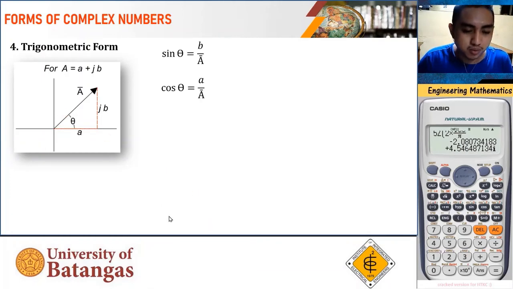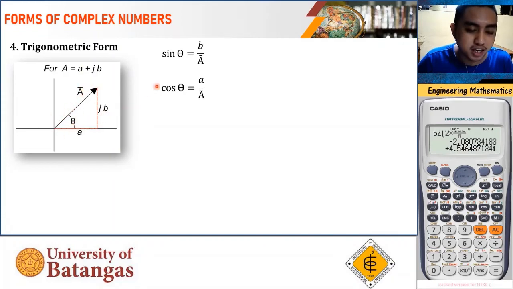So, nilagay ko na. So, sin theta equals B over A bar. Ito daw sin theta, ang opposite niya is B over hypotenuse, which is A bar.